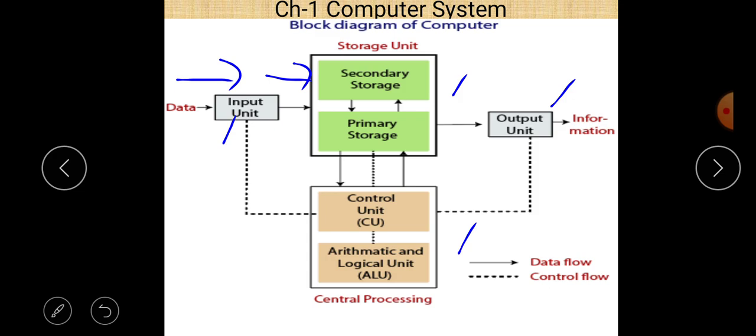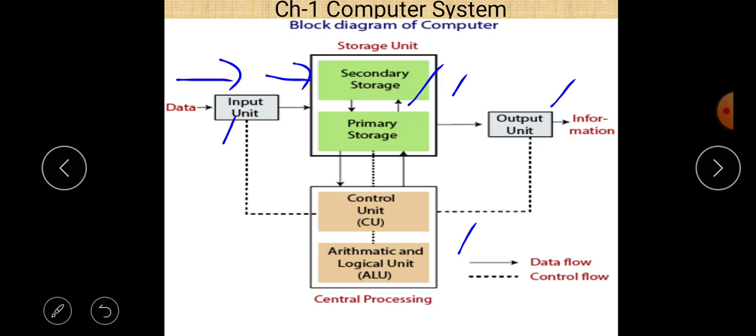In storage unit there are two arrows between secondary storage and primary storage in upward and downward direction. It means computer can send data from secondary storage to primary storage, or from primary storage to secondary storage. And then again this data is sent to central processing unit.